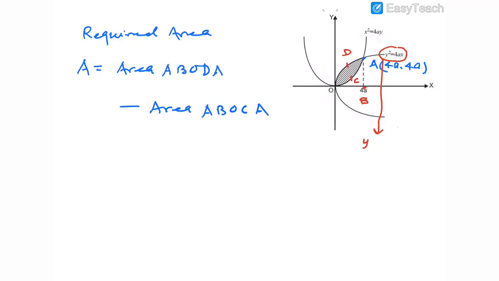And the area below this parabola, y square is equal to 4ax. So we write y is equal to 2 root a root x, and from the second parabola, y is equal to x square upon 4a. So put the value of y from these two parabolas.